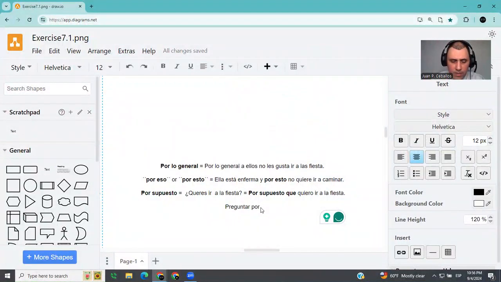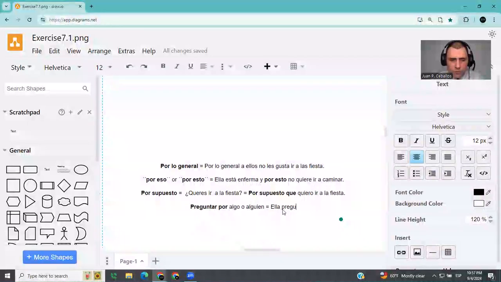In this case it could be preguntar por algo o alguien, to ask for something or someone. An example will be, ella preguntó ayer por su novio.